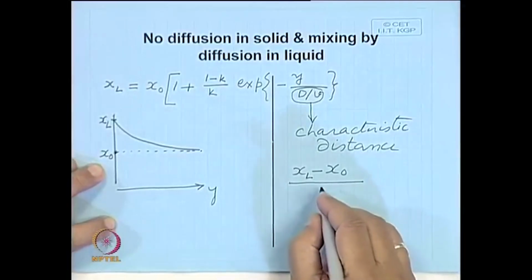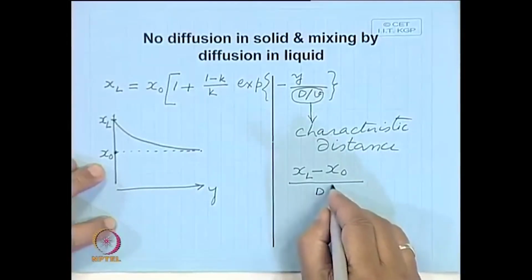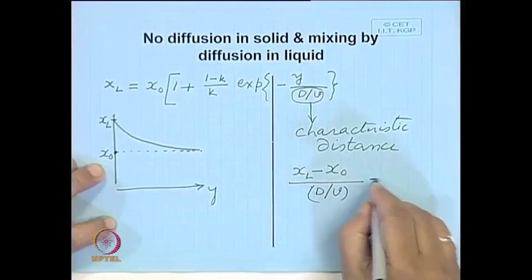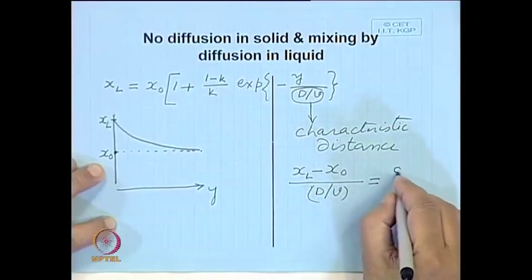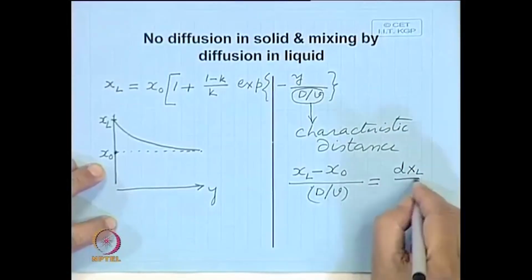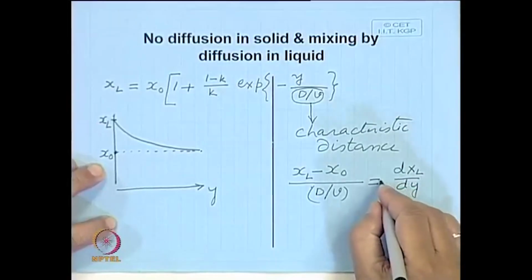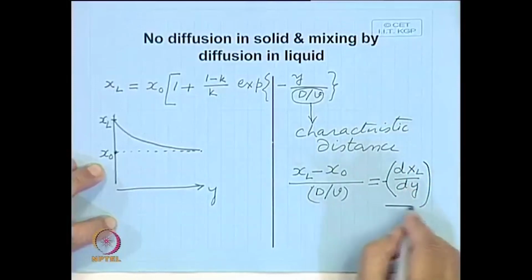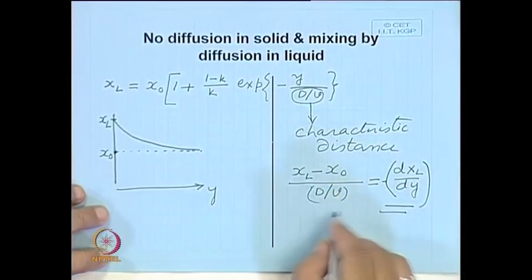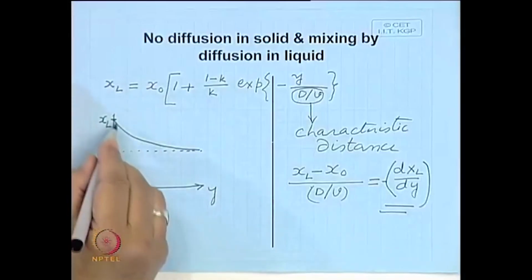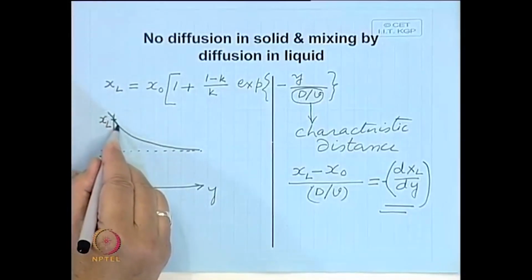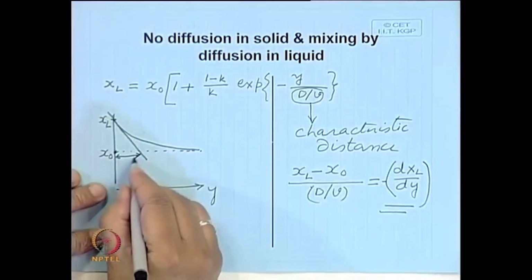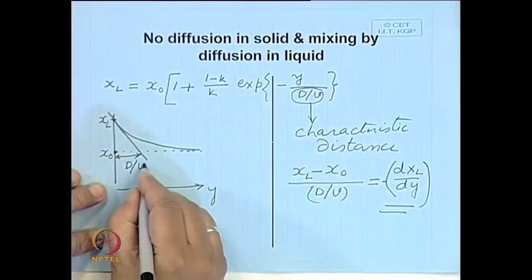If we divide this by d by v, this is equal to negative d x_L by dy. That means the solute balance gives this. So, if you draw the tangent here, then this distance is equal to d by v.